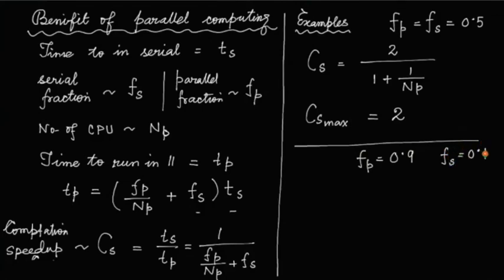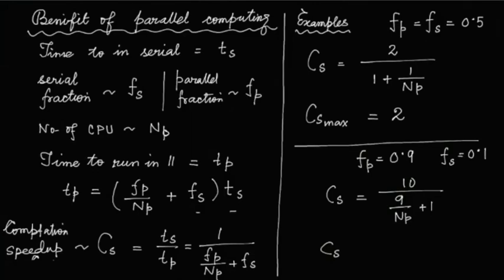So CS will be 10 by 9 by NP plus 1. What is the maximum value now? What is NP for a supercomputer? Good question, so I'll ask you this as an exercise.